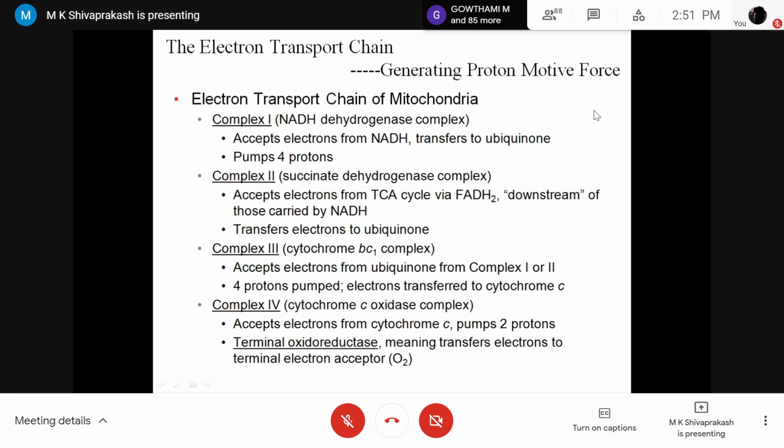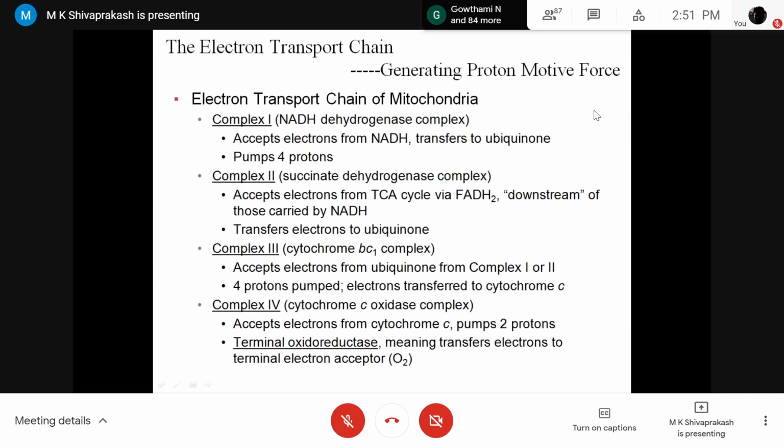Then, of course, complex 3 mainly consists of cytochrome B and C, and accepts electrons from ubiquinone from complex 1 and or complex 2, with 4 protons pumped, and electrons transferred to cytochrome C. And ultimately complex 4, the cytochrome C oxidase complex, accepts electrons from cytochrome C, which is in reduced state by accepting electrons from the previous complexes.